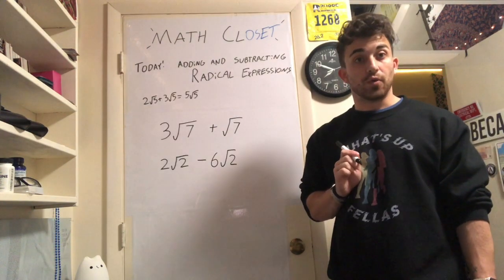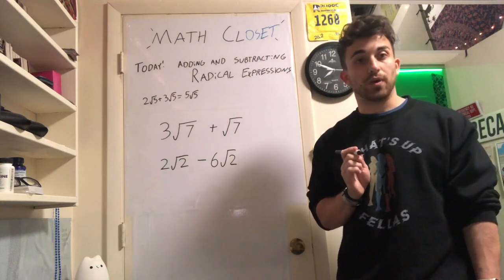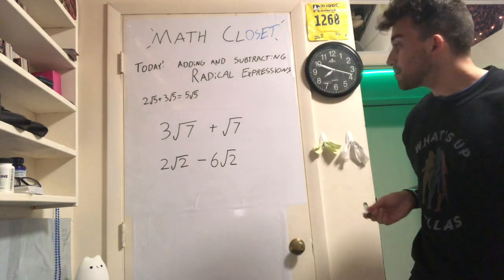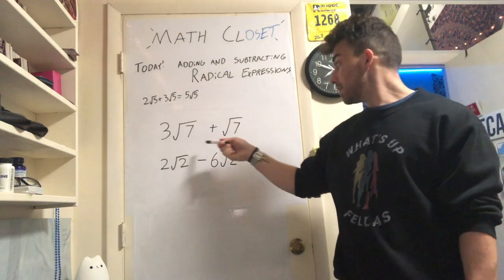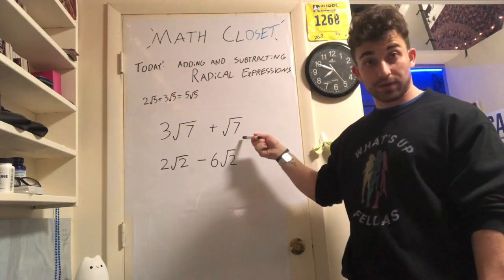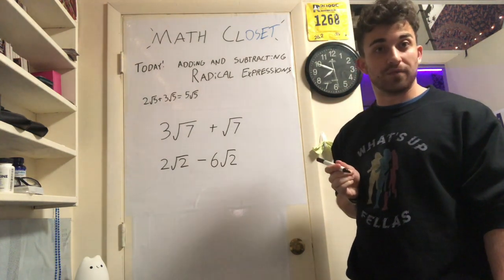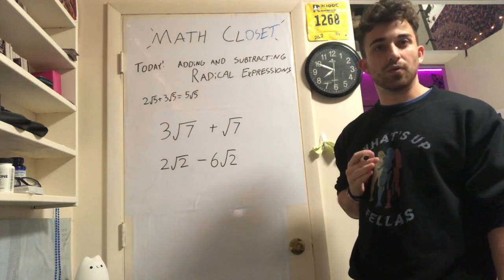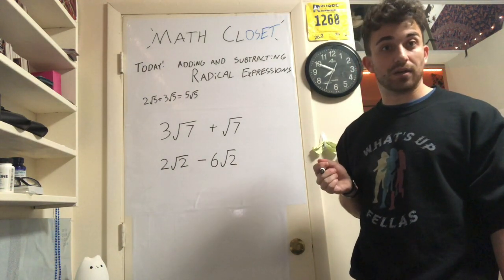I'm going to show you a quick set of examples to make sure you see all the different ways that this can work. Here are 2 of them. First, you'll see that we have 3 radical 7 plus radical 7. This works similarly to when you see a variable by itself. We've used the term invisible 1. That same idea is going to apply here as well.